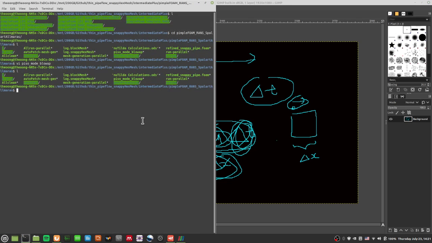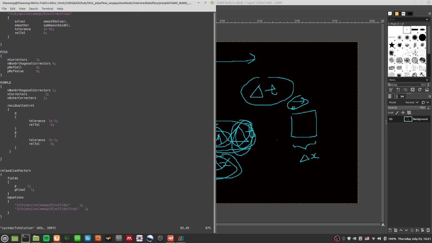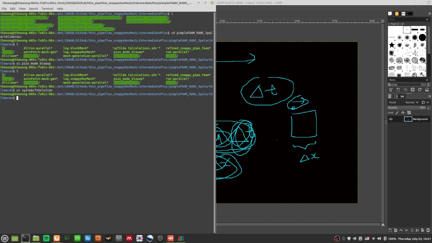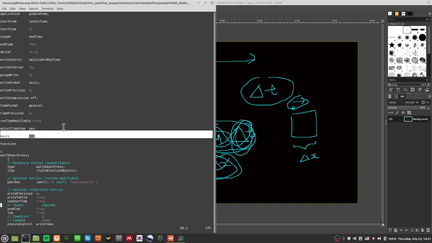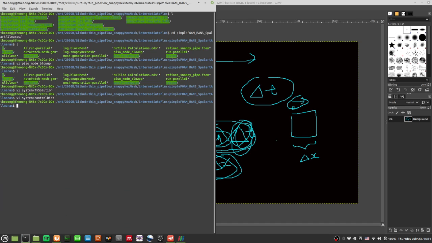So sometimes what I like to do, I don't know whether it may work, is increase the Courant number to be more than 1, which you can change in the system control dictionary. In fact, I have the maximum Courant number here set to 100. I can do that. And then how do I make it stable?